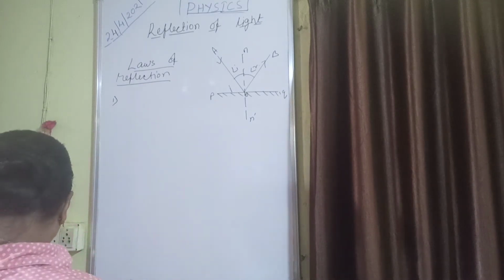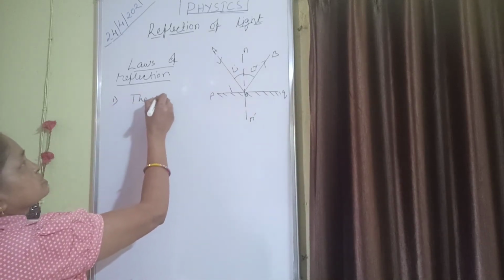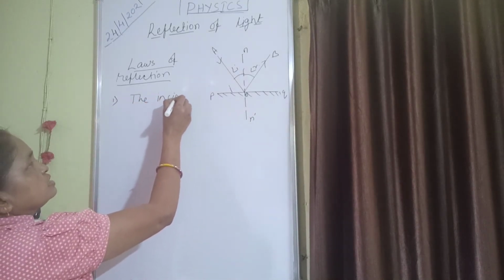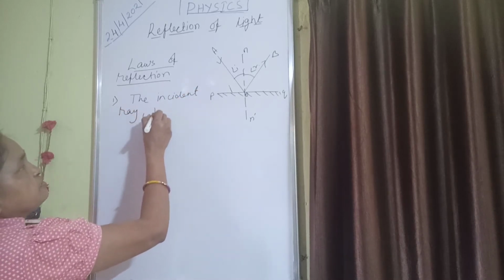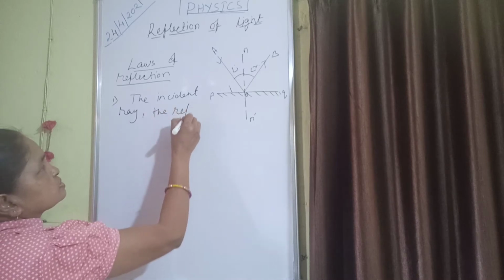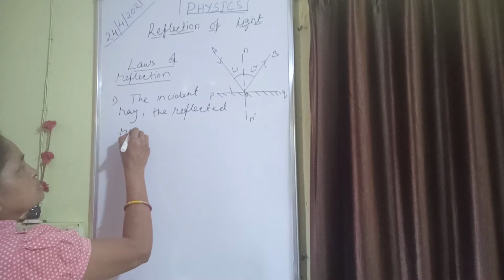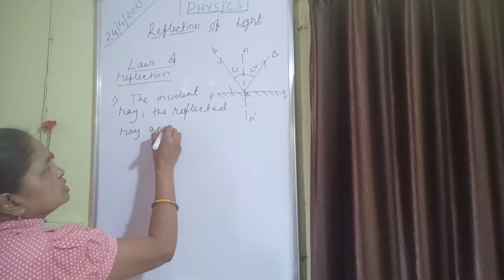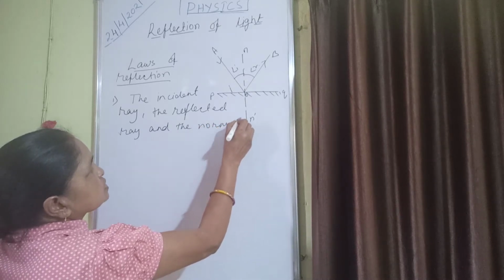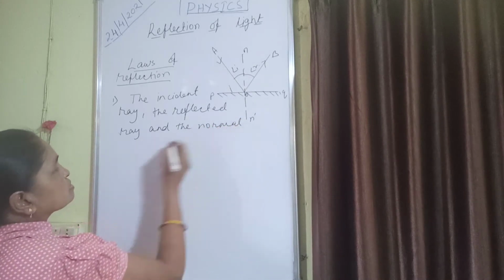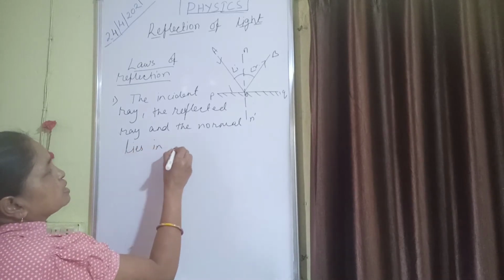Laws of reflection. First law: the incident ray, the reflected ray and the normal lie in the same plane.